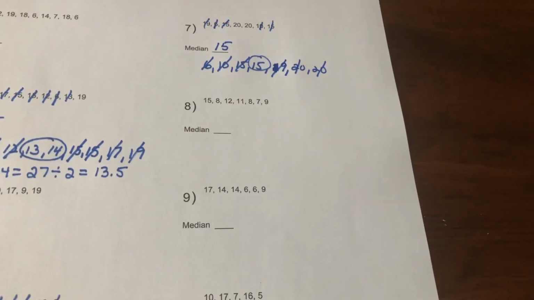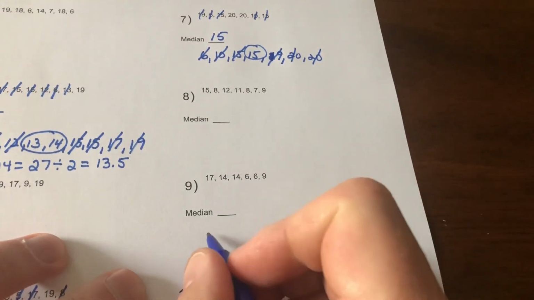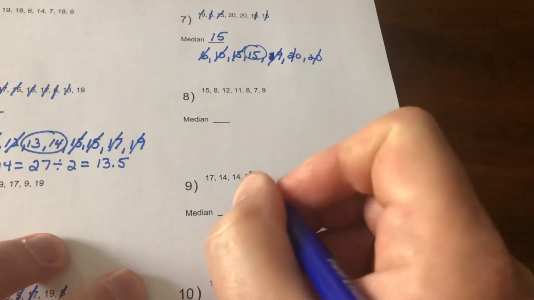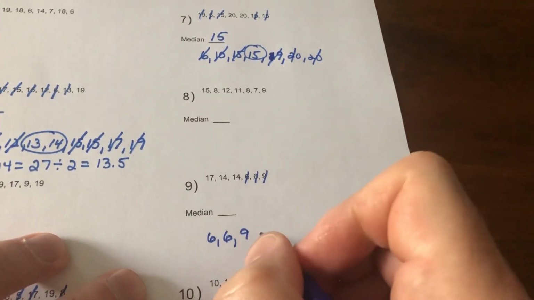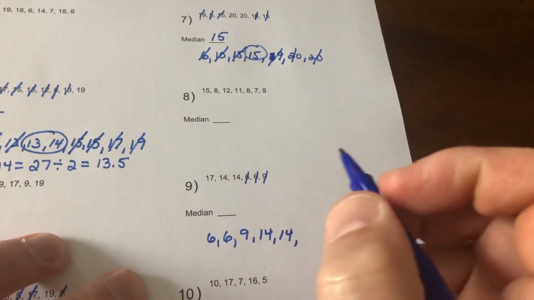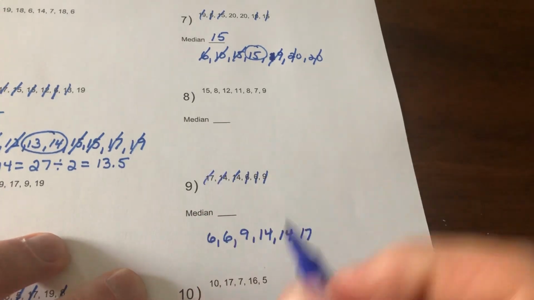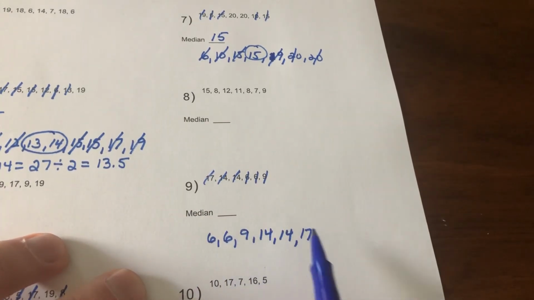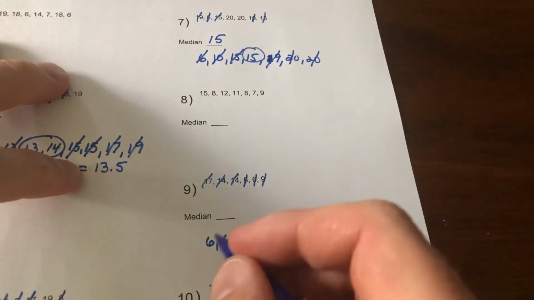All right, so our last example here, number 9. Smallest number is a 6. I got 2 of those. Then I have a 9. And I have 2 14s. And I have a 17. I have 1, 2, 3, 4, 5, 6, so that's an even number, so I know I'm going to end up with 2 numbers in the middle.